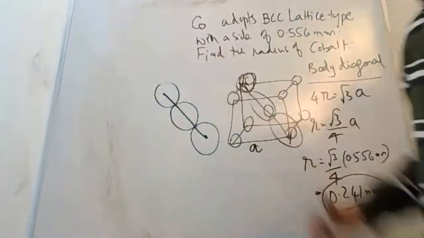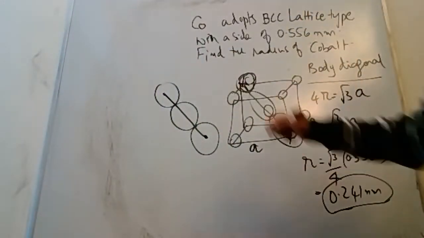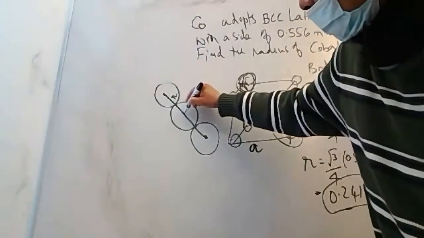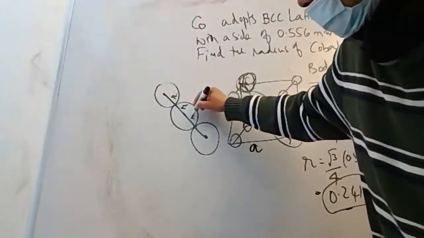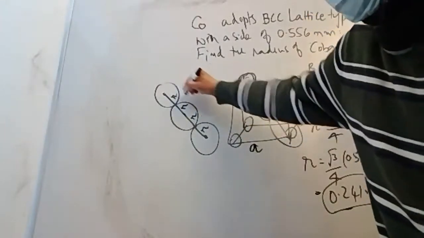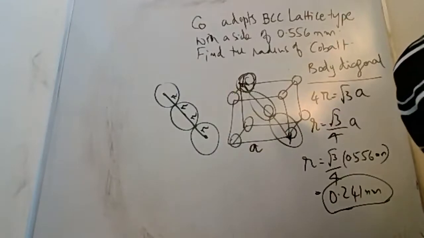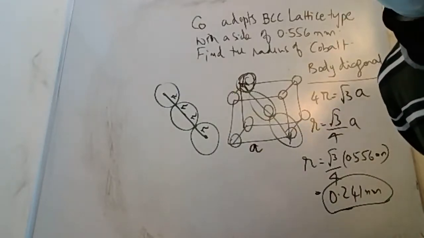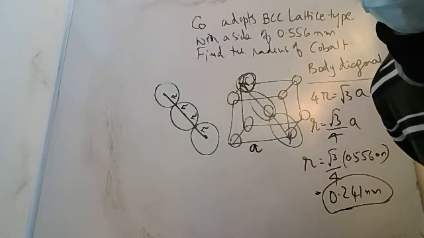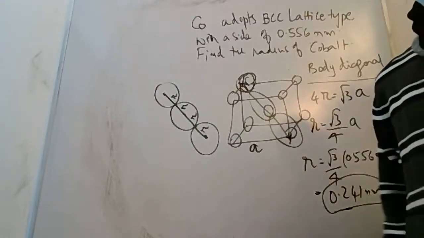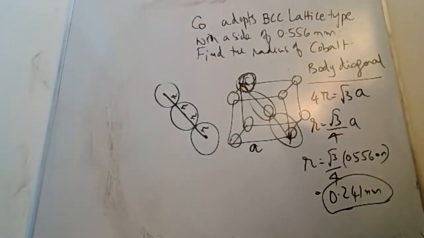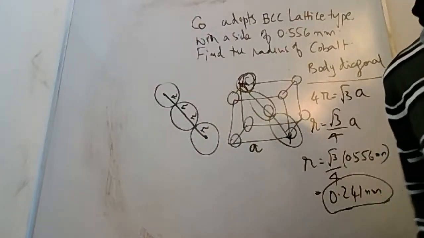If you can see the picture here that I'm showing, that's an r. There is another r, and an r. So if you add all of them, that will be 4r. That will be the length of the body diagonal in terms of the radius of the atom. Okay, thank you. That makes sense? Great. Other questions?